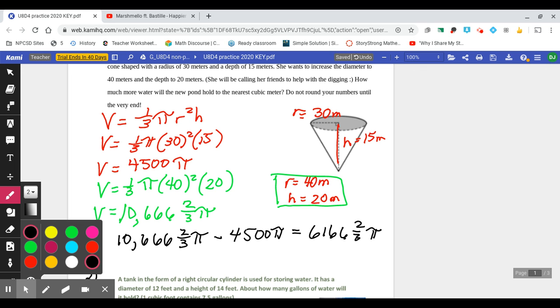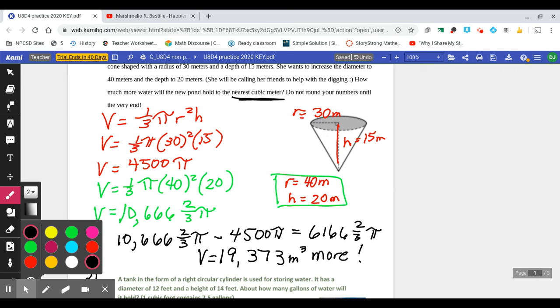Now it is safe for me to take that decimal in my calculator and multiply by pi. It does say round to the nearest cubic meter. So the volume is 19,373 cubic meters more.